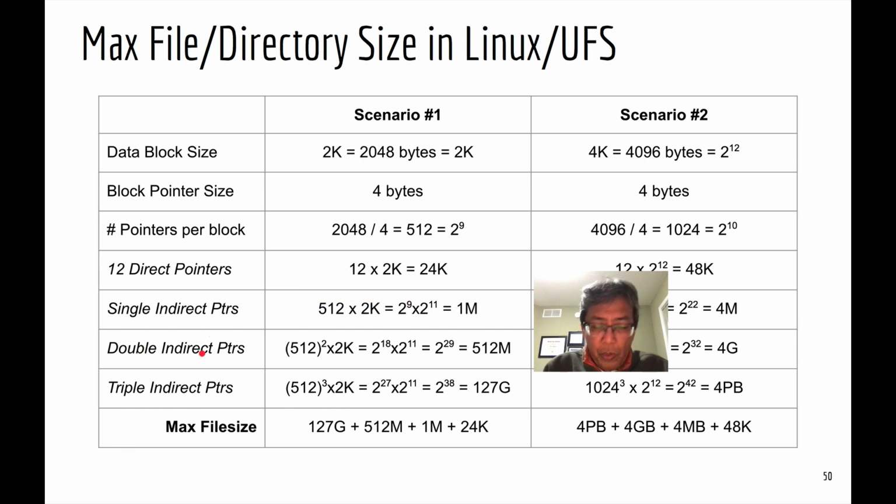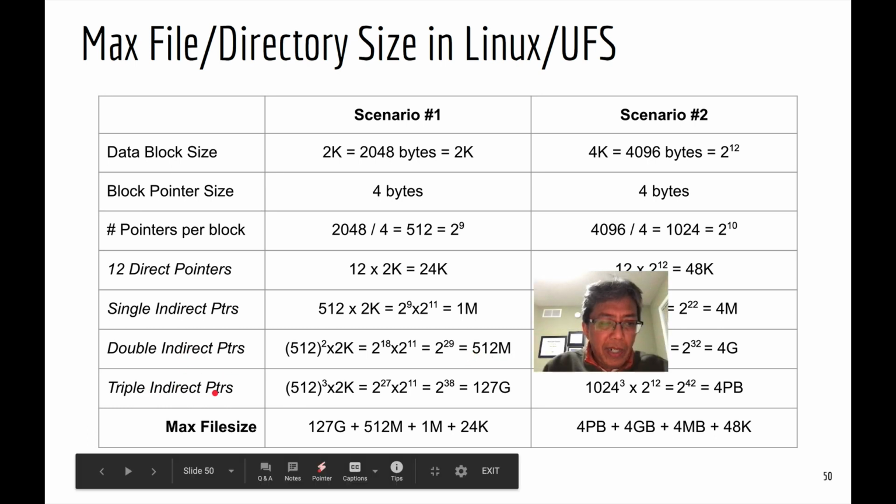From the double indirect pointers, you will be able to get 512 squared blocks. If you multiply that by the size of each block, 2K, you will get 2 to the power of 18 from that number, and 2 to the power of 11 from that number. Then the product is 2 to the power of 29, and that is equivalent to 512 meg.